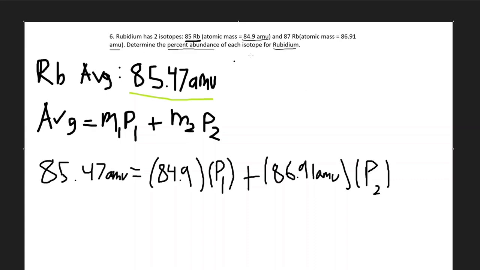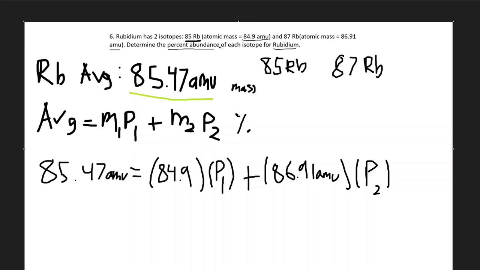And now what we can do is look at it like this: 85 rubidium, 87 rubidium, and percent.